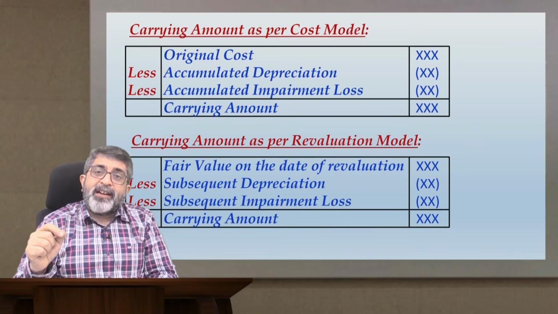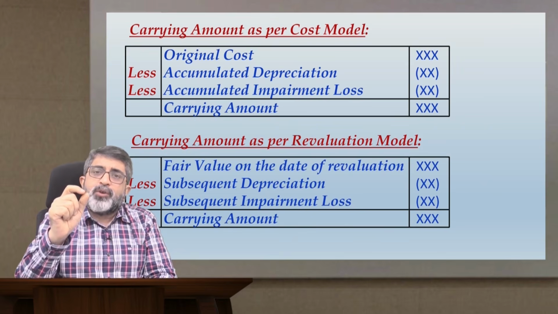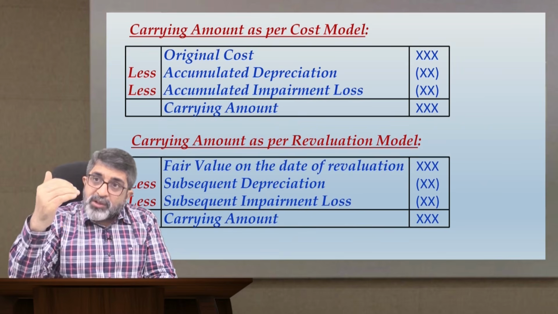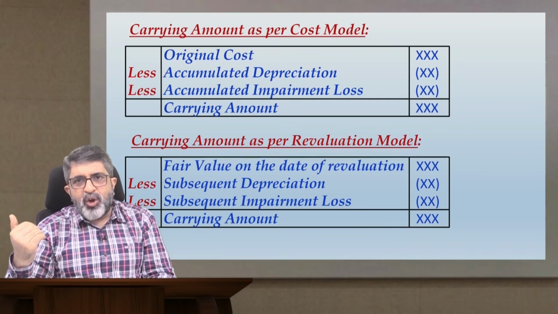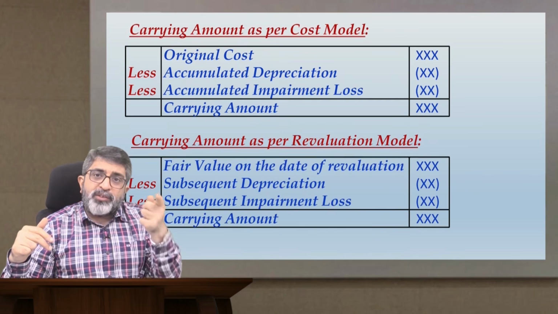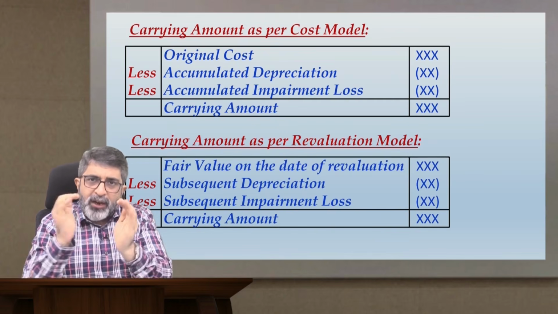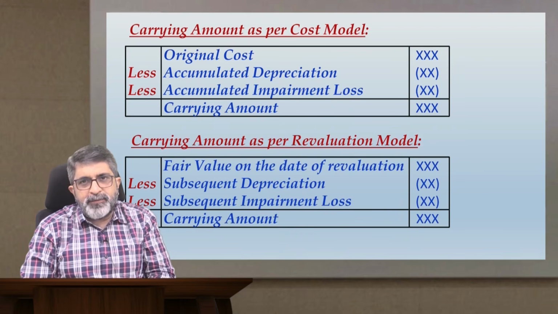That needs to be subtracted from the previous revalued amount that was arrived at on end of 2024. So that subsequent depreciation and subsequent impairment loss should be subtracted from the value of 2024 year end to reflect the carrying amount at the year end 2025.